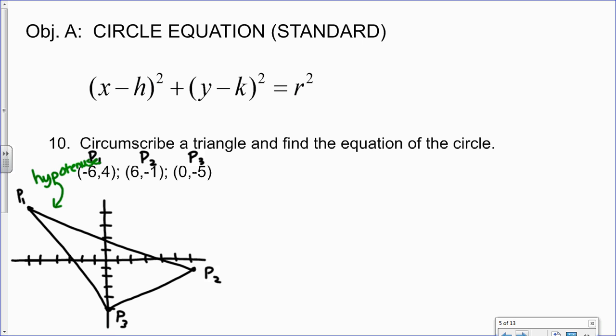Okay, I'm going to call that my hypotenuse. I need to find the midpoint so I can find the center of the circle. So the center is going to be the midpoint of P1, P2.